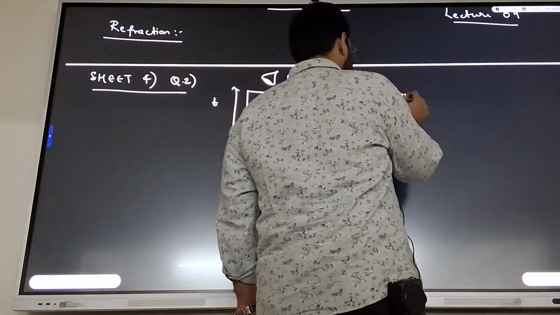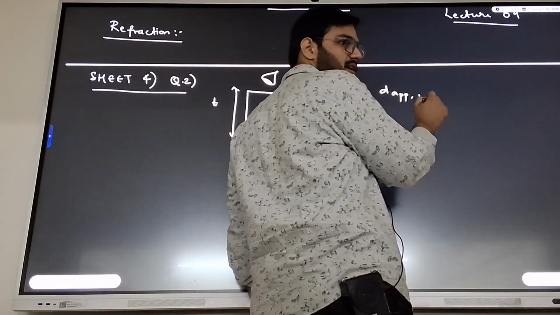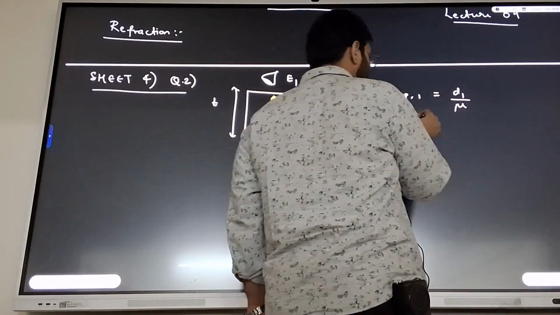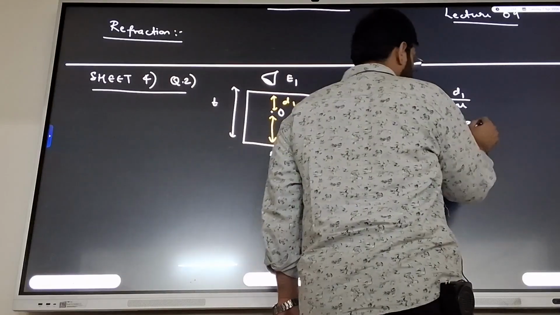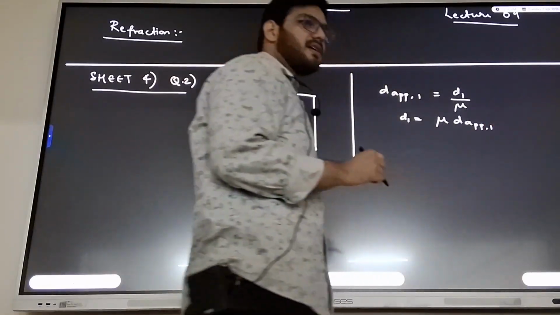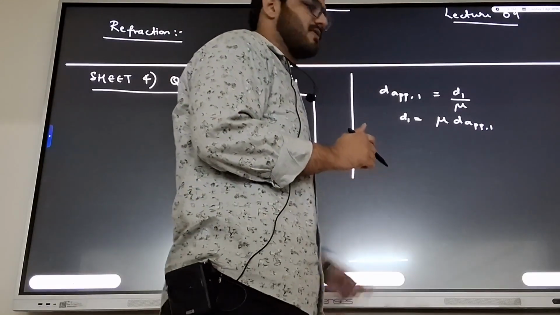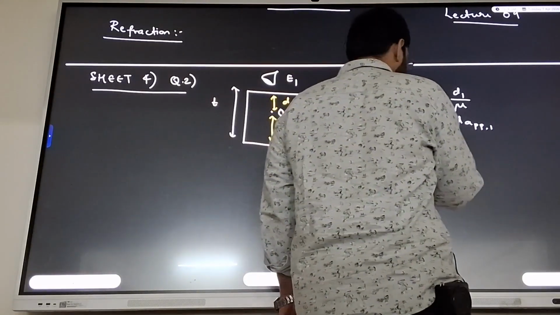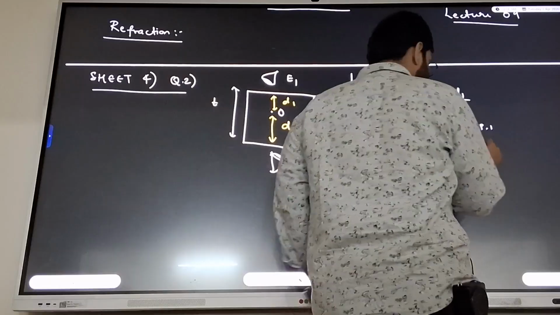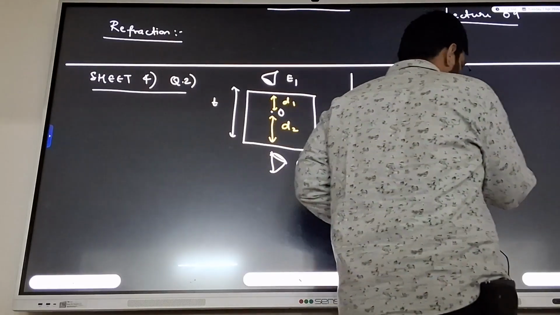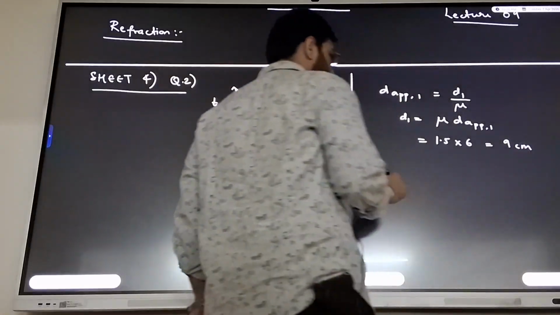D apparent 1 as observed by E1 is D1 by mu. Then what should be D1? Mu times D apparent, right? And what is D apparent given to be? 6 centimeter. What is mu given to be? 1.5. So multiply and tell me. 6 into 1.5 is 9 centimeter.